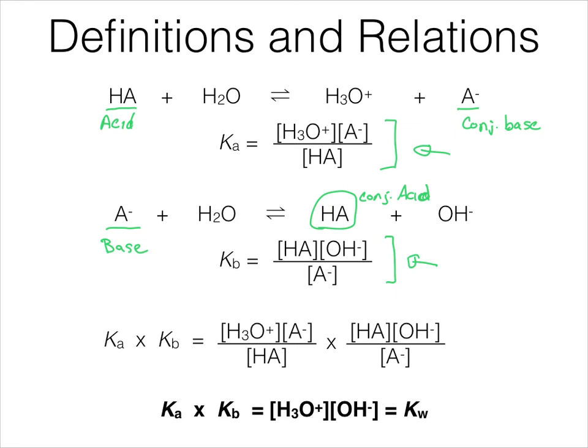If I multiply the Ka and the Kb together, notice I just plugged in the two relationships. Notice how the A minus and the HA cancel out. And so the Ka times the Kb becomes equal to the concentration of H3O plus times the concentration of OH minus, which is equal to the Kw.